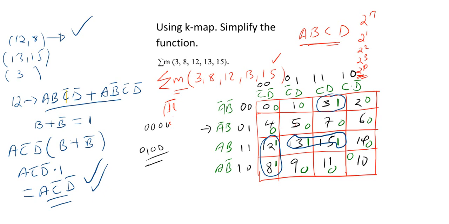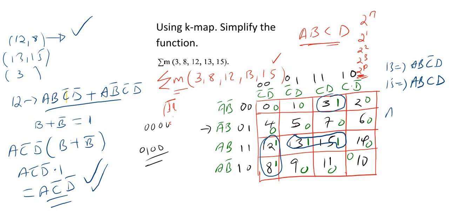Now let's go for another group, which is 13 and 15. For 13, we combine this, which is now our AB, and this column, which is not C and D. So we shall have AB, not C and D, and 15 as AB, then C and D. So the expressions, we had both of them.